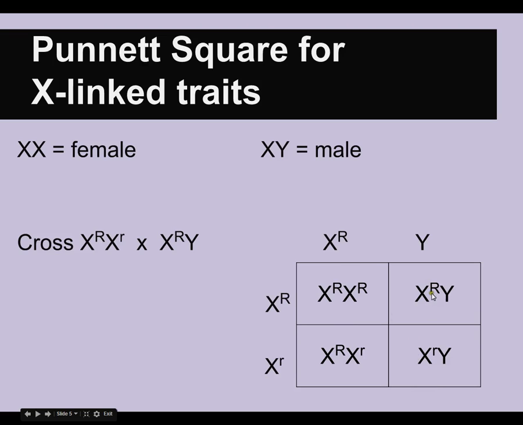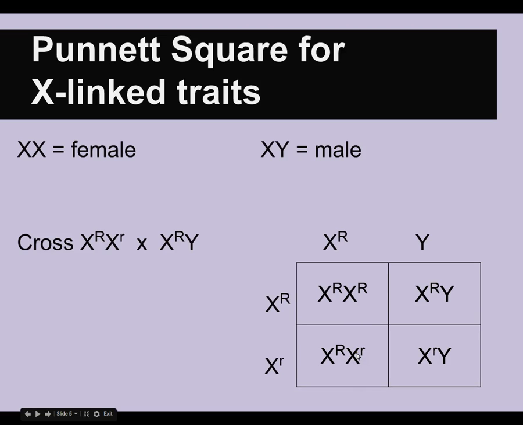In this case, the boy has a 50-50 chance of having the trait or not having the trait. They could get the dominant allele or the recessive allele. The girls, however, if you notice, one girl has the chance of being a carrier, but neither girl will express the trait.